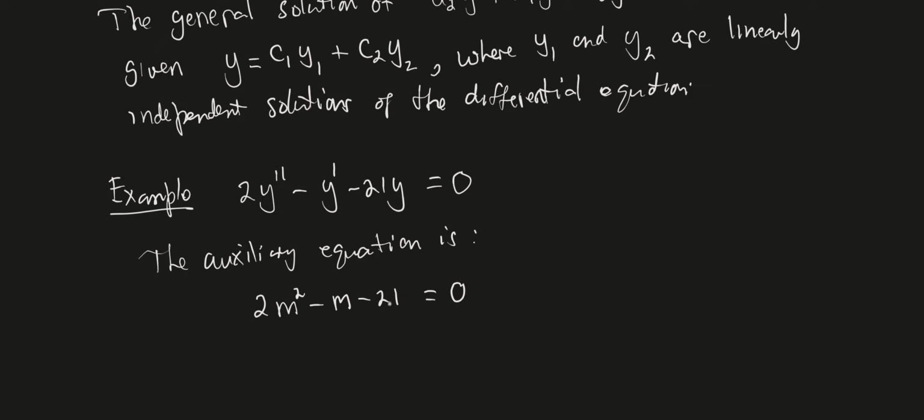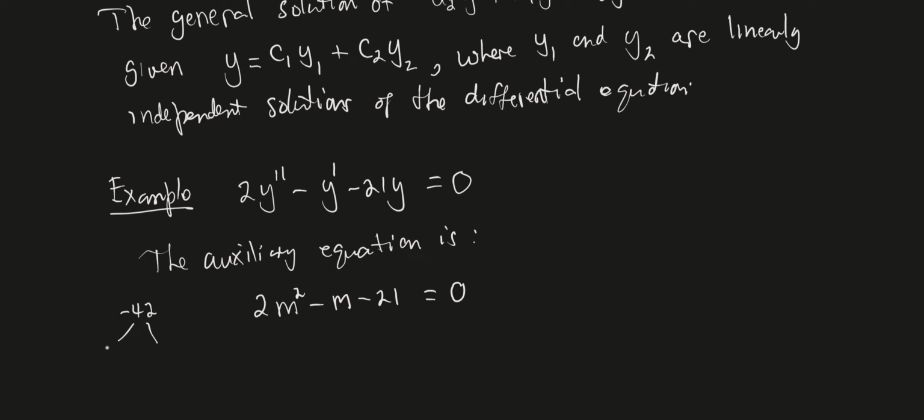What are the possible values of m? Well, if you look closely, this can actually be factored. What we're looking for is factors of negative 42 that add to give us negative 1.